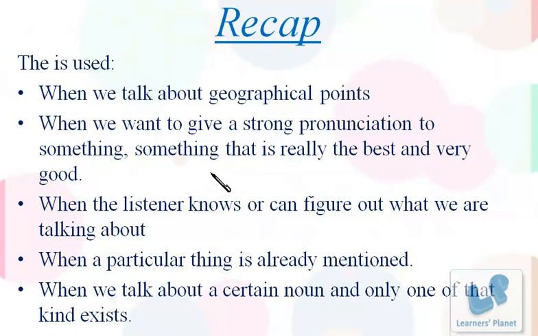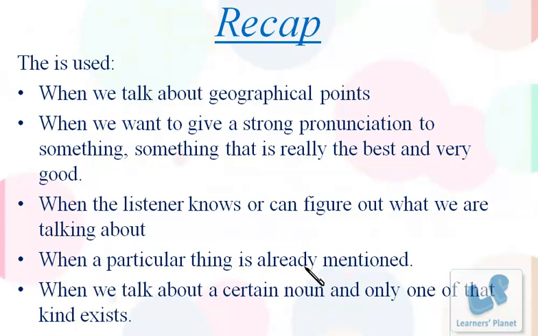Strong pronunciation to something. Let us take a shopping mall, suppose ABC. So, the ABC mall is the best place to go. Or, the ABC mall is the place to go. When the listener knows or can figure out what we are talking about. So, the yellow dress is my favorite dress.